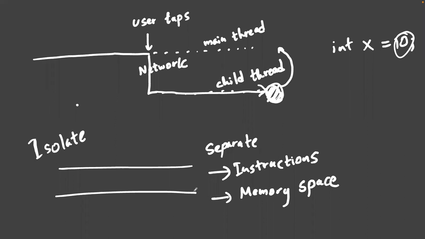Then you get the issue that you cannot share the memory. While the threads are running, you cannot go to another thread's memory and do something, or even have a shareable memory space where both threads will write.